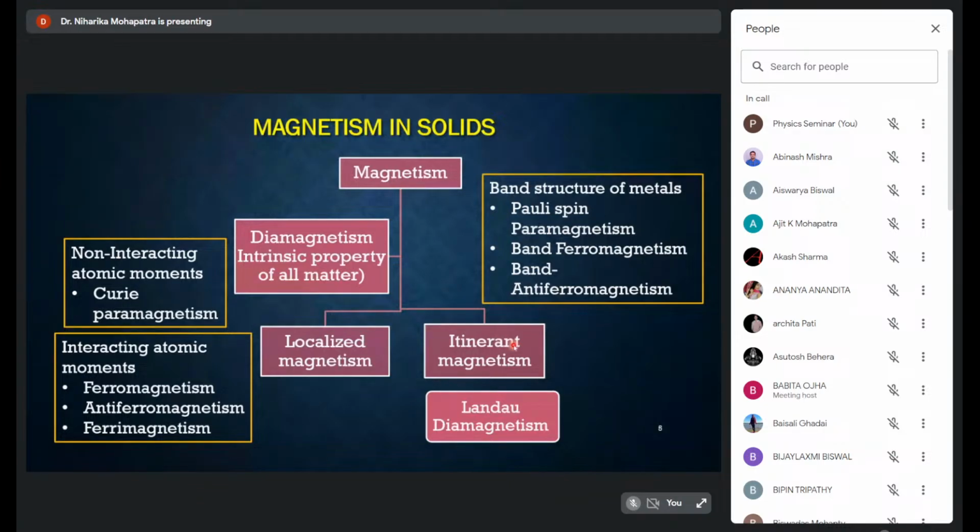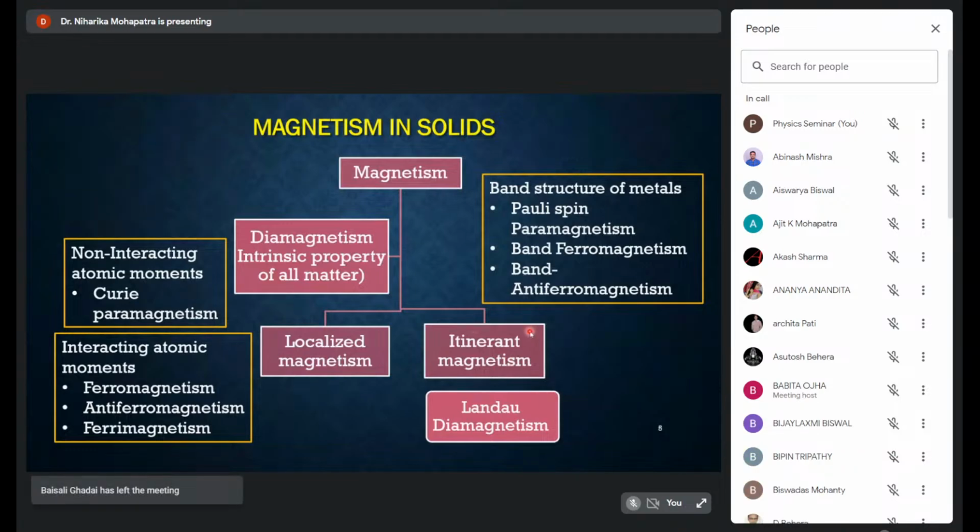Because here, since the electrons are mostly mobile, you don't directly calculate the moments like we do by using Hund's rules in case of localized magnetism, because they are already in their orbitals.